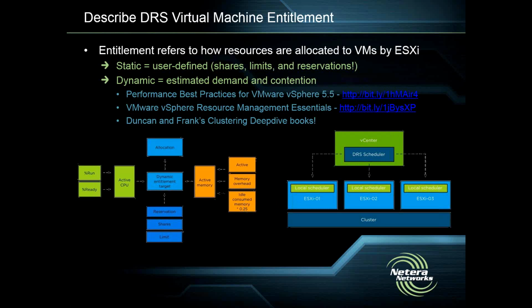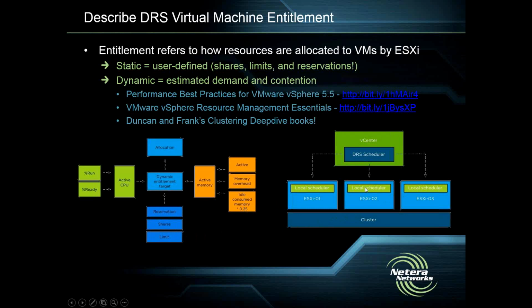This ensures that each VM or resource pool will have a configured amount or the default amount of resources to run during contention. And again, we're talking about CPU and memory. There's a similar idea with storage DRS, and we'll get into that as well a little bit later, with the idea of having shares and limits applied.